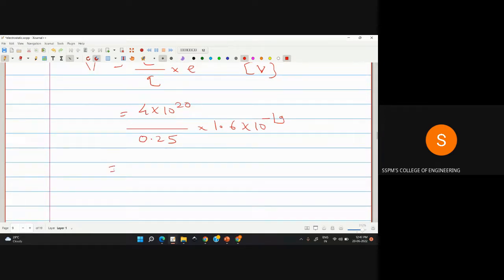So this will be 4 divided by 0.25 काय येणार आहे? It will be 16 into 10 to the power 1, in 20 minus 19 म्हणजे इथे 1 येणार into 1.6. 0.25 is 1 upon 4 and 4 will come at numerator, it becomes 16.